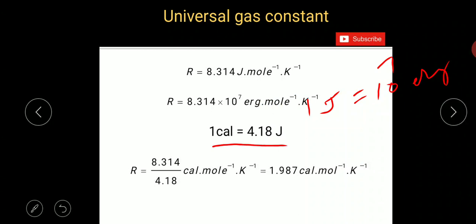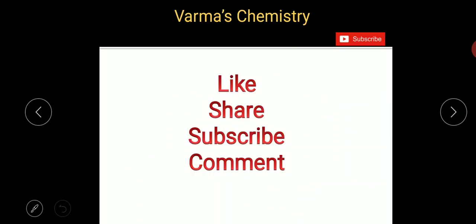Then you will get the value of R as 1.987 calorie mole inverse Kelvin inverse. And we will take this value approximately as 2 calorie mole inverse Kelvin inverse. So this is how we can find out the values of R in different units.